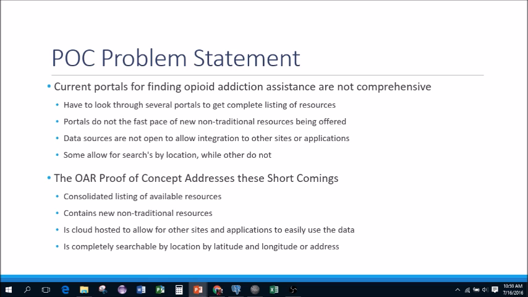You really have to go down to the sites themselves, and if you were to look at them on mobile phones, they're not very friendly, especially the state listing, which is in a PDF format and is over 50 pages long. The other thing is that only some of them allow for searches by location, while others do not, case in point being the PDFs. So out of this, I came up with the OAR proof of concept to address these shortcomings.